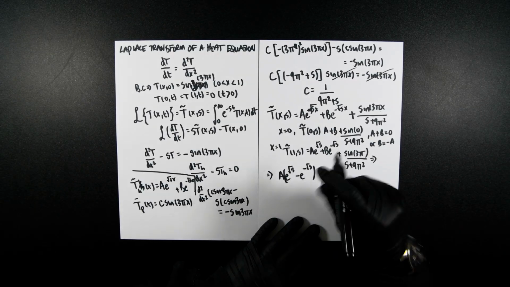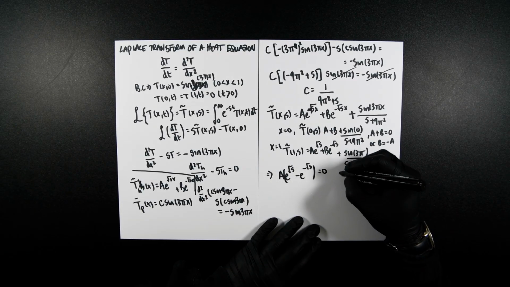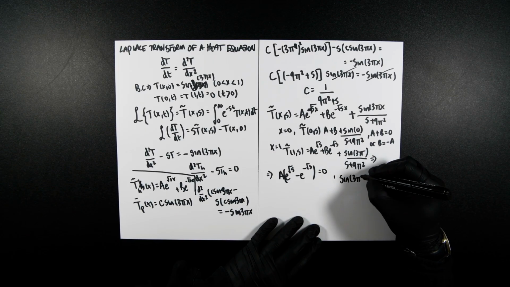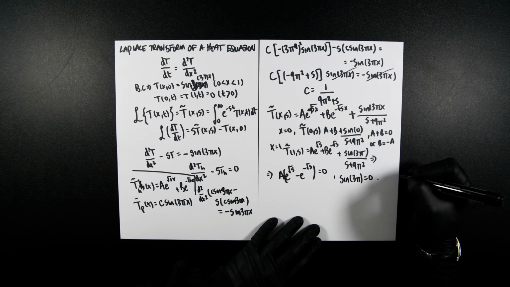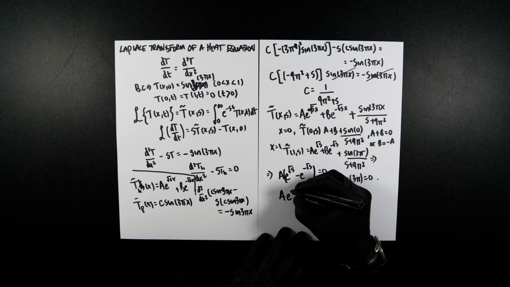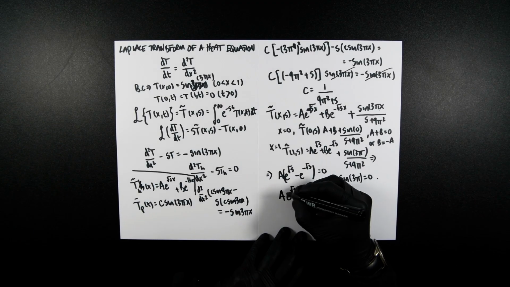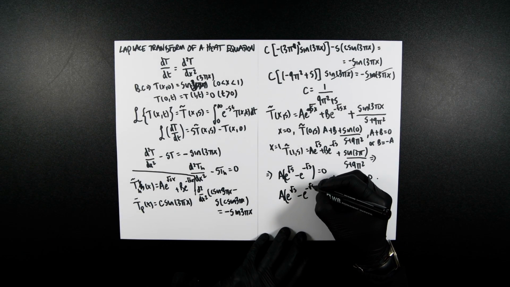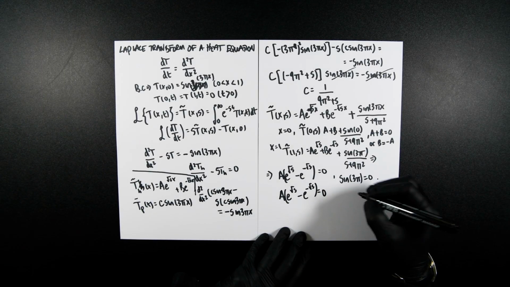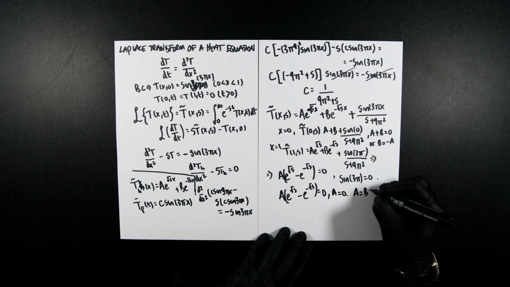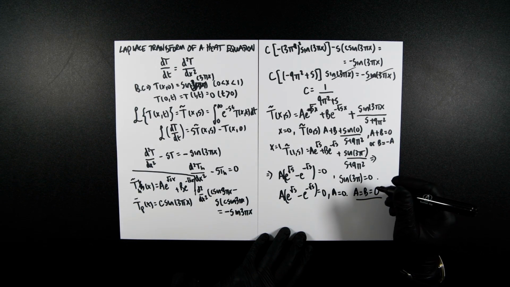That is a techie move. That is a seriously good move. But we also know that sine 3 pi equals 0. So A times e to the root s minus, sloppy with the brackets, you know, e to the minus root s would equal 0. So A would equal 0. So A equals B, which equals 0. So they all equal 0.